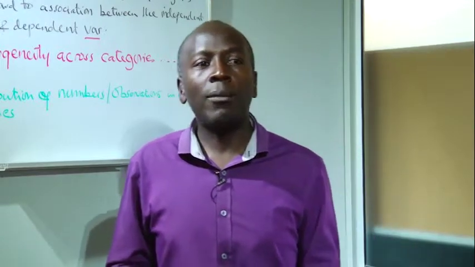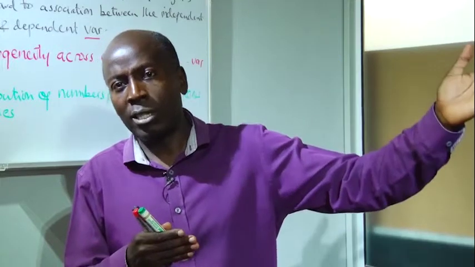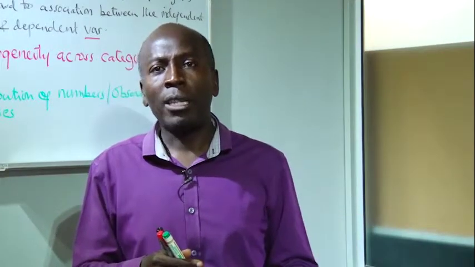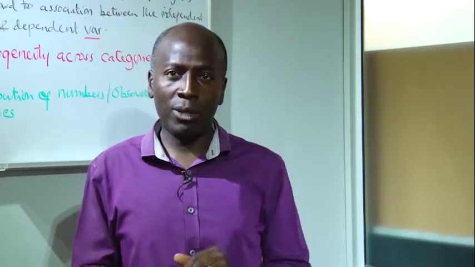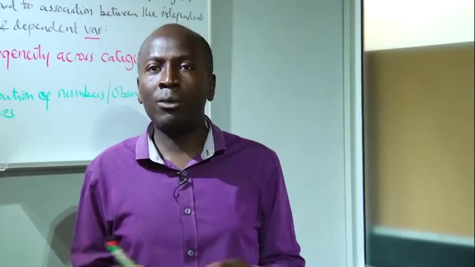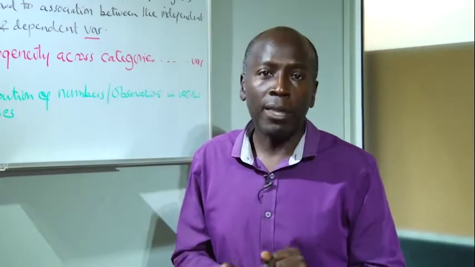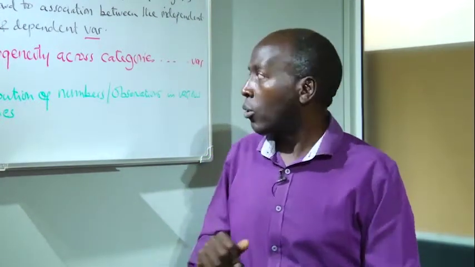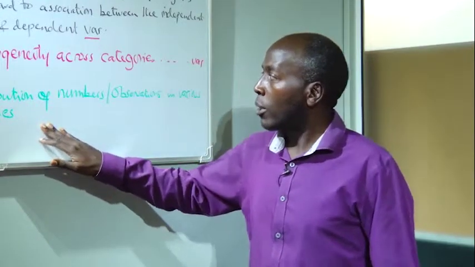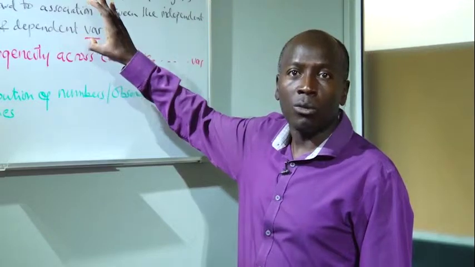So somebody may end up saying, I know I would have had this category as the extreme, but there are very few numbers, therefore I'm going to combine them with the next category to have adequate numbers, or I'm even just going to totally eliminate that category. So that is also another reason. But this reason is not as strong as the first two reasons.